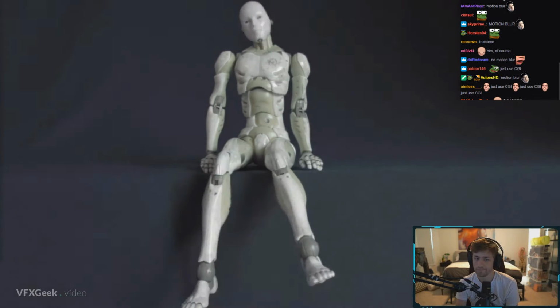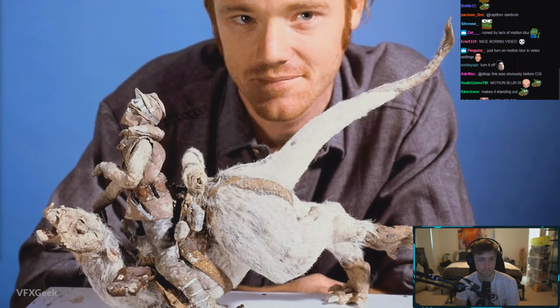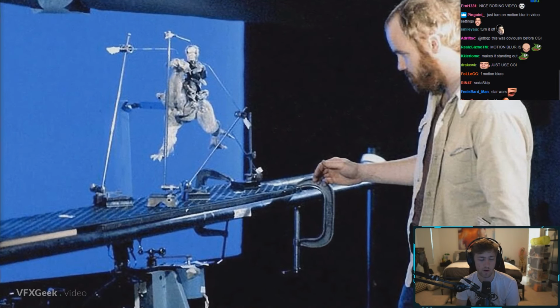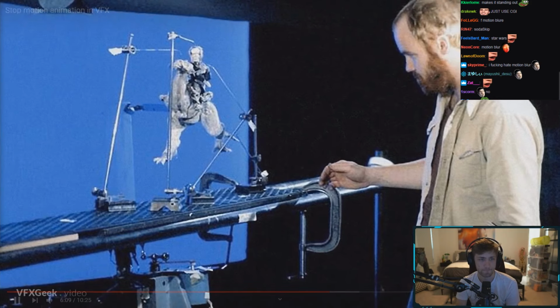In the beginning of the 1980s, Phil Tippett was an animation supervisor at ILM, where he developed a way to add motion blur to stop-motion animation. They named it Go Motion.